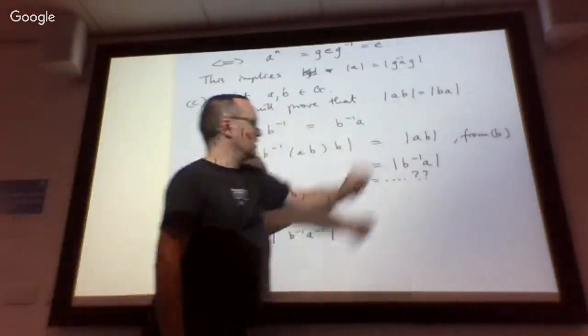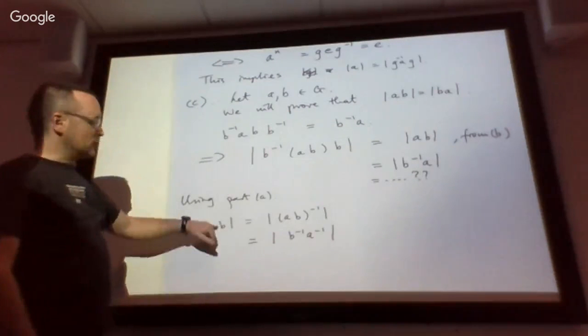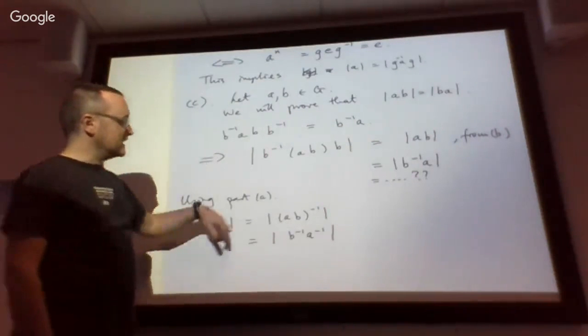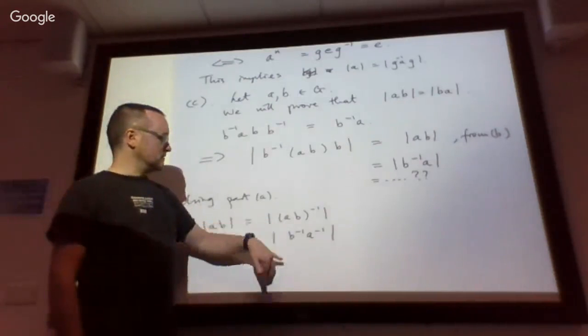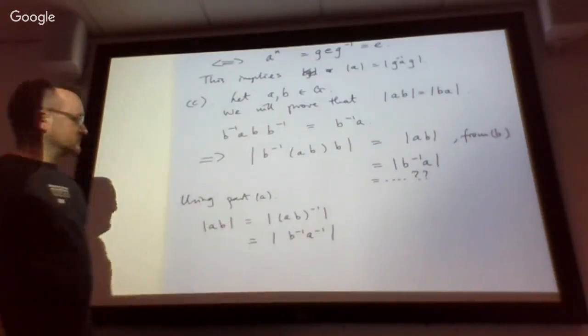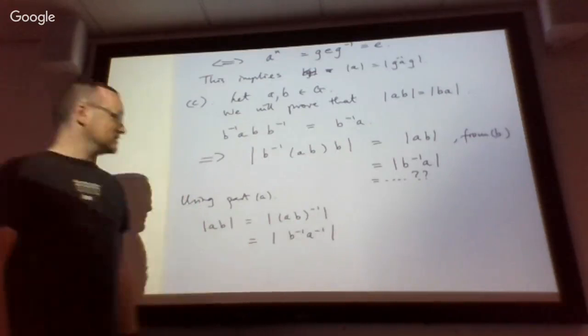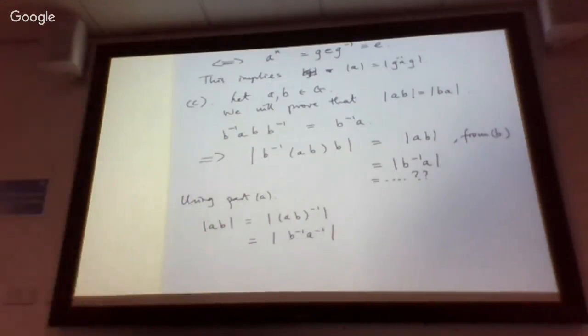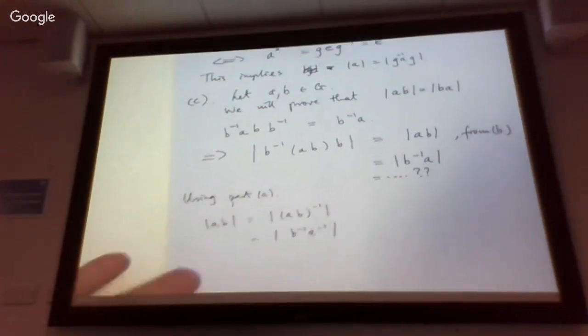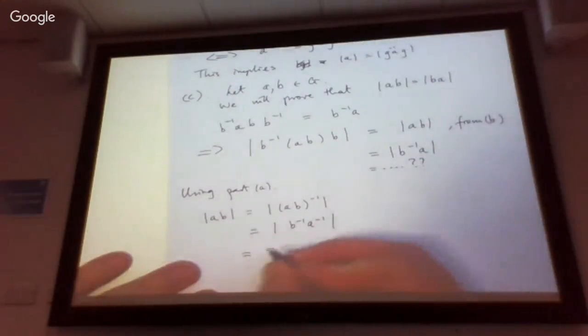So part C is the quite nice result. Again, it's completely general. We're just looking at two elements of the group G. We will prove that the order of AB is equal to the order of BA. So we can't assume the group is abelian.